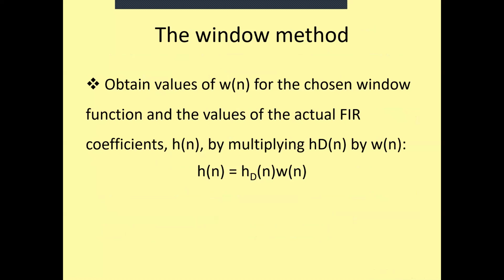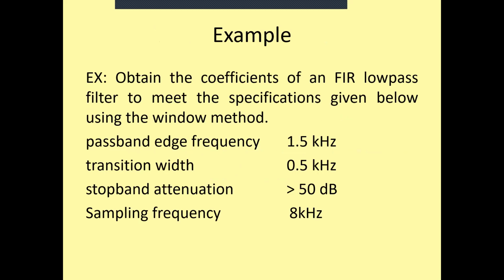And based on the requirements of the filter, meaning the amount of attenuation and the passband ripple, we can select the suitable window type. So in this way we can design the filter using the window method.